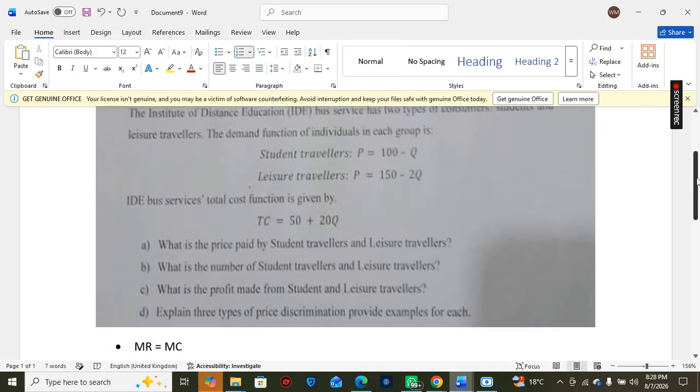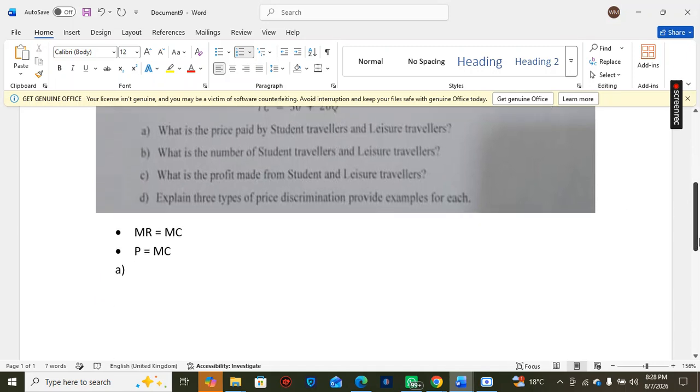So the first thing is we need to get our marginal cost function. First we have our total cost function, TC equals 50 plus 20Q.